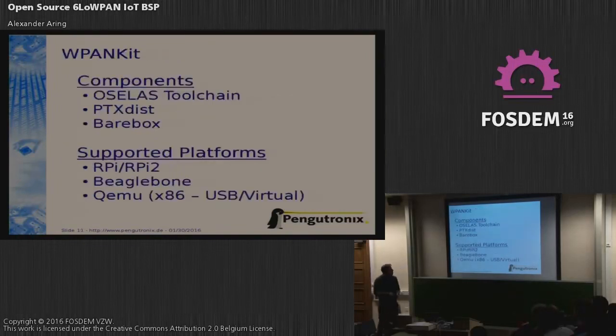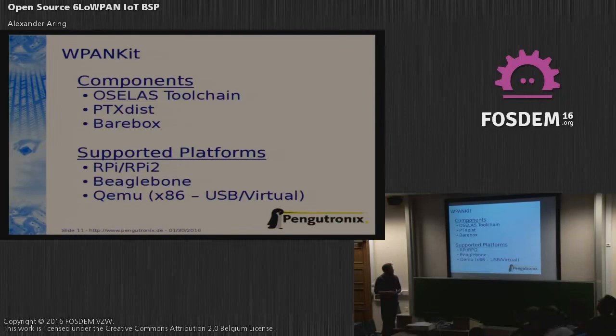Yes, the VPN kit uses some components like the OpenEmbedded toolchain and PTXdist. PTXdist is a build system tool, which does a lot of cross-compiling stuff for you.